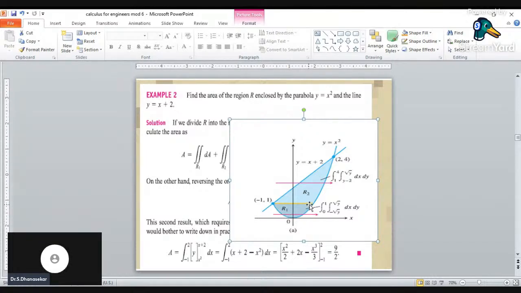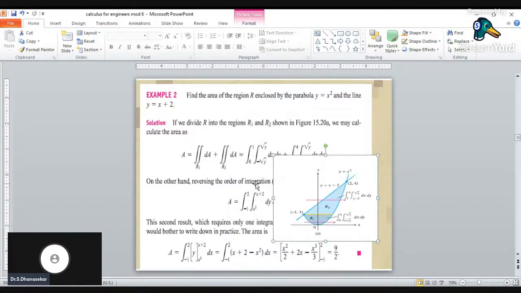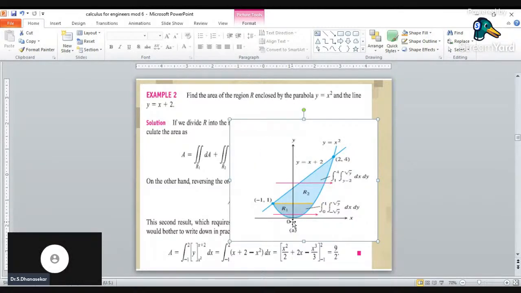This parabola is y equal to x square, which means x is equal to plus or minus root y. So it starts at minus root y and ends at plus root y. That is what is given here. At that time, y varies from 0 to 1, x varies from minus root y to plus root y.